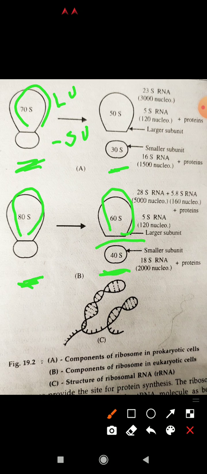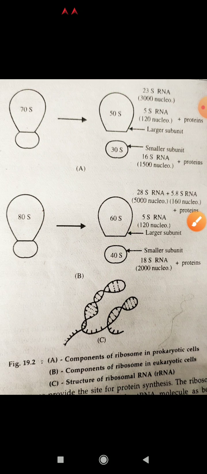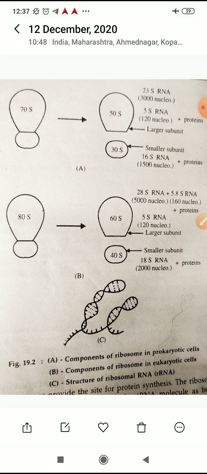This is the larger subunit of 80S, and this is the larger subunit of 70S. The smaller subunit is a cap-like structure. We can see here the cap-like structure of the smaller subunit.